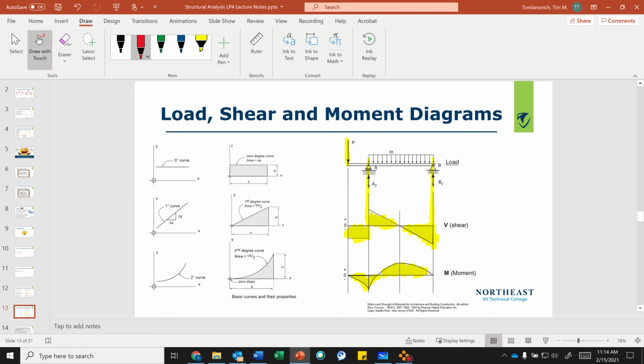Let me write this out. Point loads are nothing. So this is a 0-degree, and this is a 1-degree. This line load here is a 0-degree, this is a 1-degree, this is a 2-degree. So 1-degree is a triangle, right? It's straight. Okay.